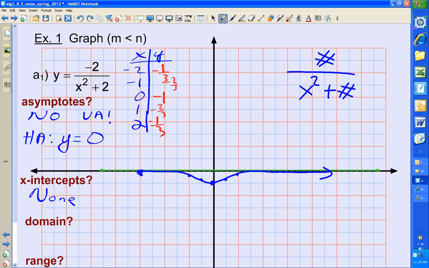Can you tell me what x can't be? Can x be 8? Here's a point right here where x is going to be 8. Do you see that? No, I get it. X can be anything. There's no x's that we don't have. So x is all reals. Who can tell me the range so we can get everybody out of here?